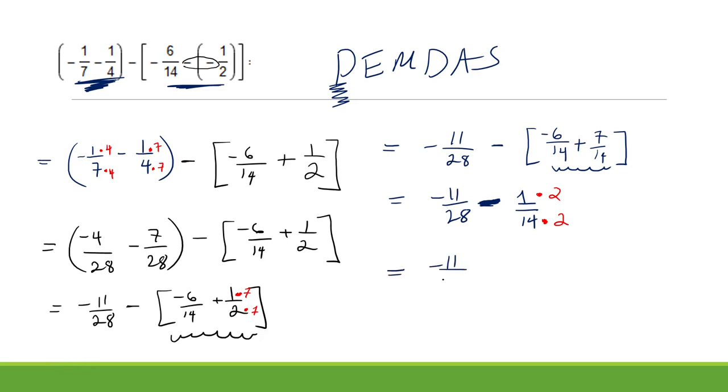This gives me 11 over 28 minus 2 over 28, and this reduces to negative 13 over 28, and that's our solution. So we had to do a lot of work with fractions and order of operations.